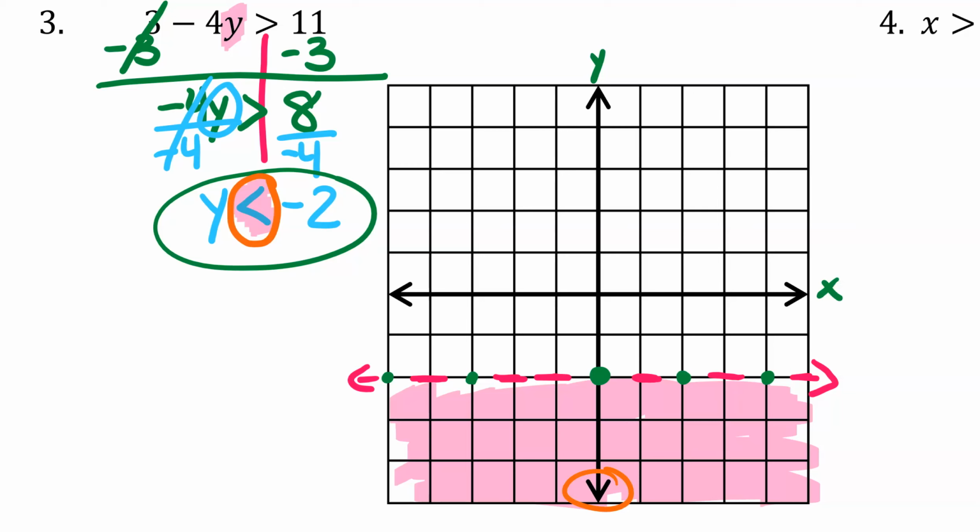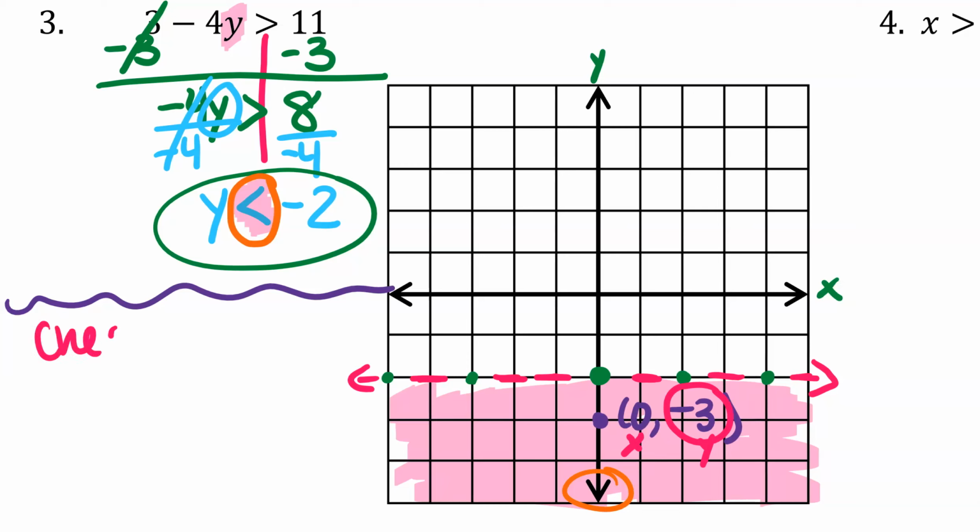Cool. So to check, if you want to check, you can totally do that. I'm going to pick this point right here to check. This point is 0, -3. The reason why I picked this one is, look, you have x and y. You only really need to check your y. You only need to plug in -3 over here.